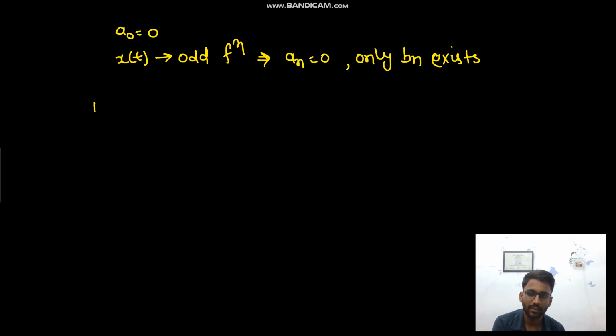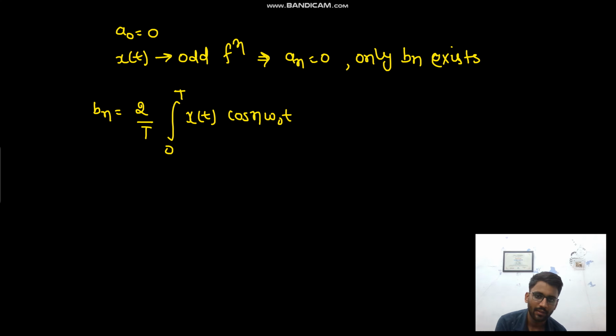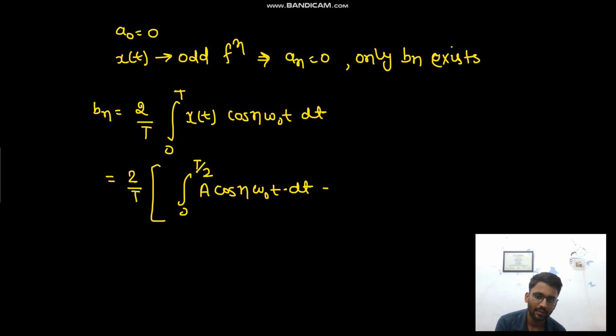And for the calculation, b_n is 2 by T, integral from 0 to T of x(t) sin(n omega naught t) dt. So b_n would be 2 by T, from 0 to T by 2 it had a value A, A sin(n omega naught t) dt, minus, from T by 2 to T, A sin(n omega naught t) dt.